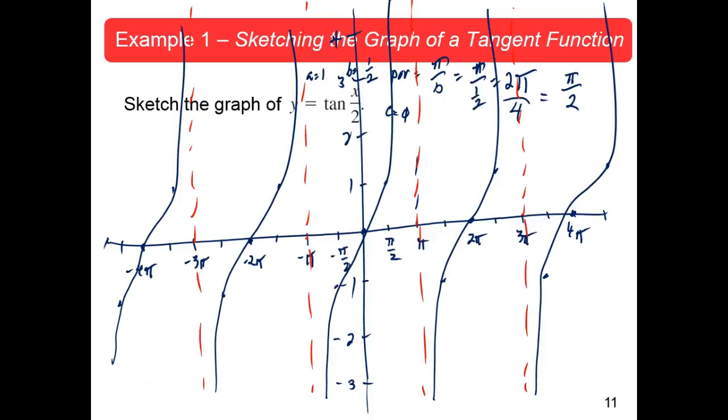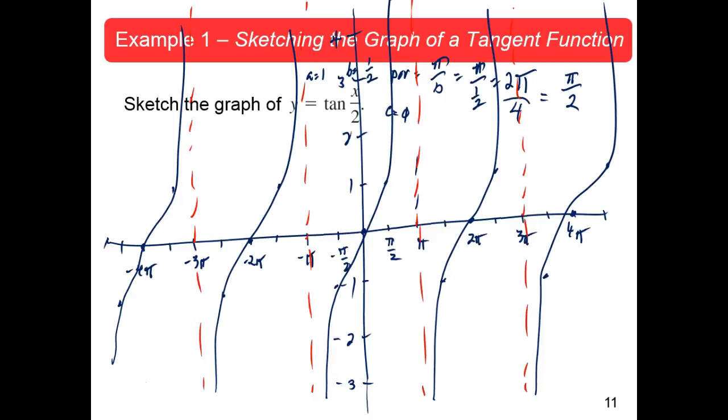Half a period from there, period being 2 pi, so half a period is pi, you have a vertical asymptote on either side. Okay? Draw those vertical asymptotes in. Draw your intercept exactly in between your vertical asymptotes. Okay? And then once you got those in place, halfway between them, which is your quarter period, in this case pi halves, you're at plus 1 here, minus 1 there.